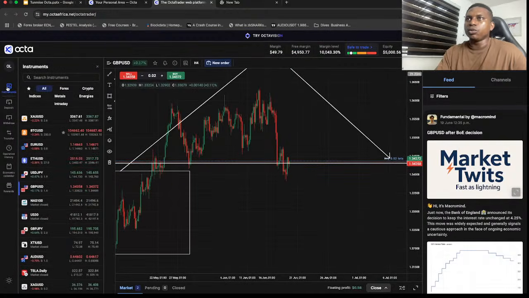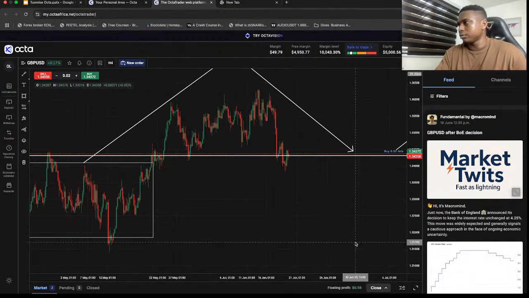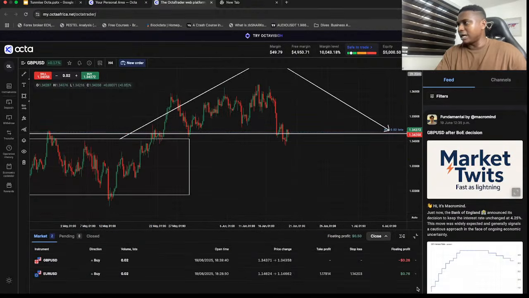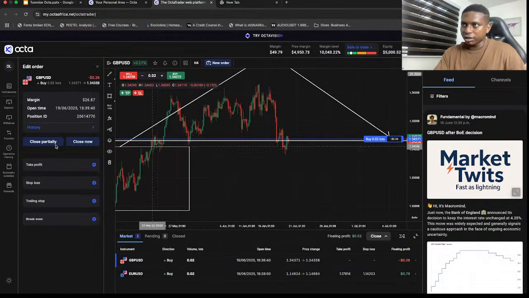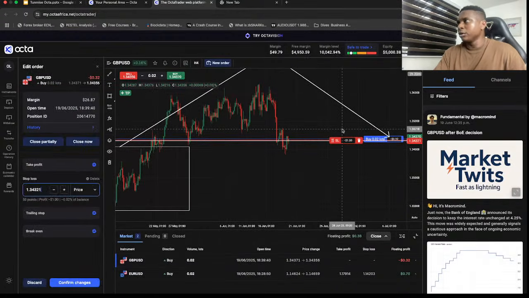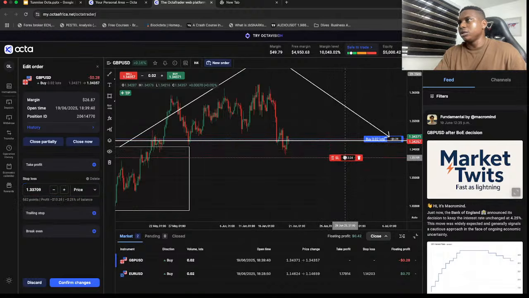And yes, we would set our stop loss and take profit level. Of course, we'll put our stop loss a bit below, here. I think I'm comfortable with it.